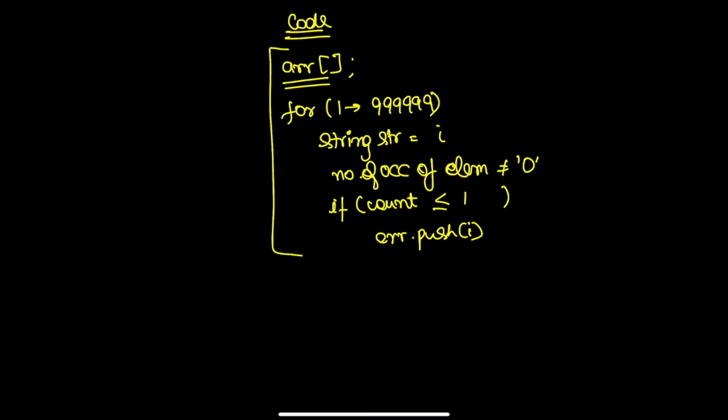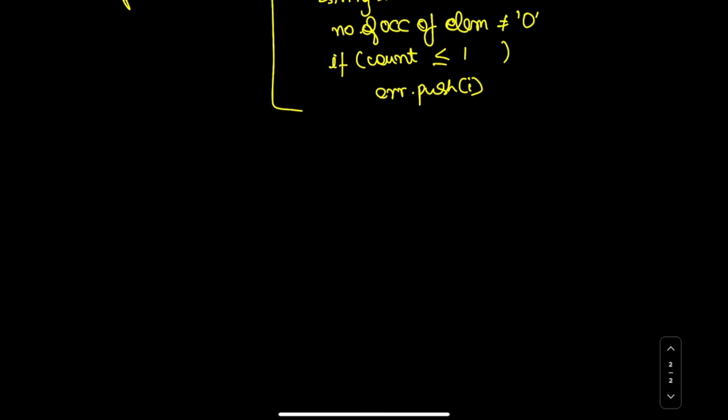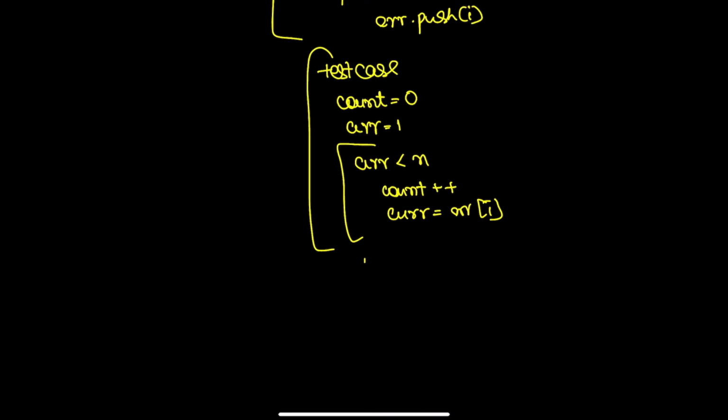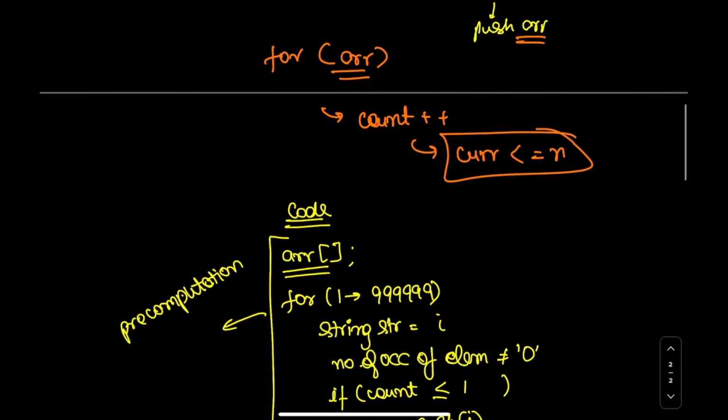So from this our pre-computation array would be completed. Now for each test case, we'll have a count that is initially 0 and a current that is 1. Now till current is less than or equal to n, we'll have count plus plus and current set to arr of i. And in the end we'll just print the count. That's all we need to do in this code.